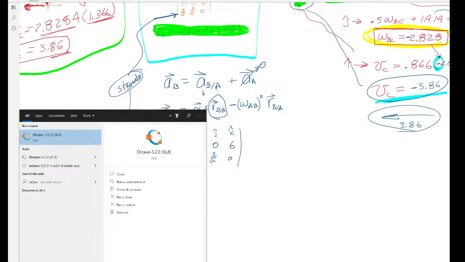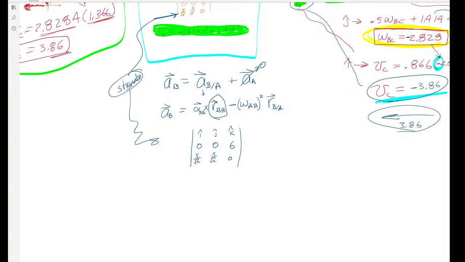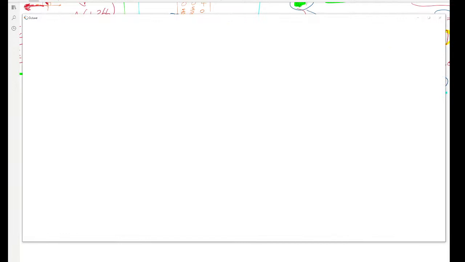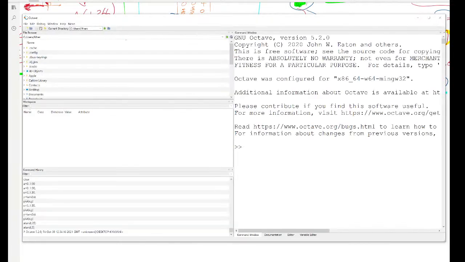I'm going to break out and use Octave like I was doing before. It's 9:13, so I need to really speed up a little bit here. And this thing is opening fairly large, which is not what I wanted to have happen.